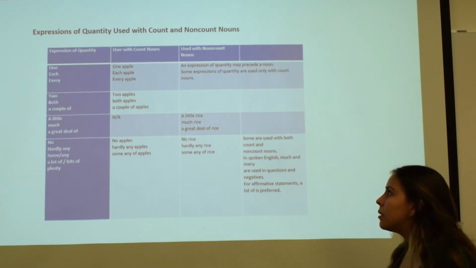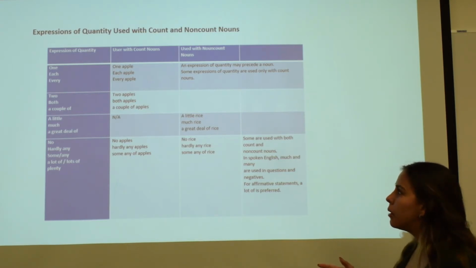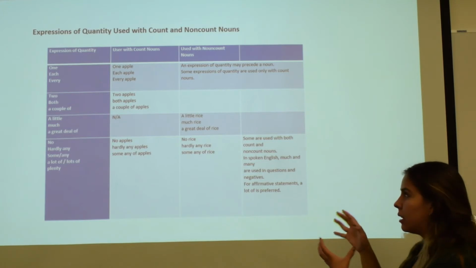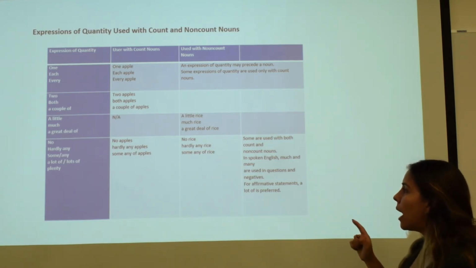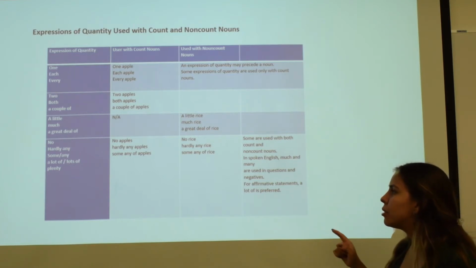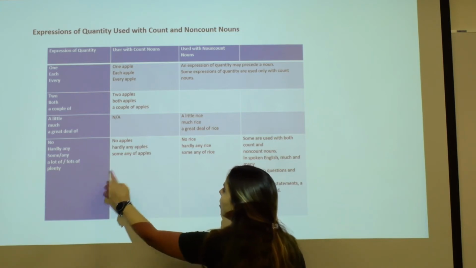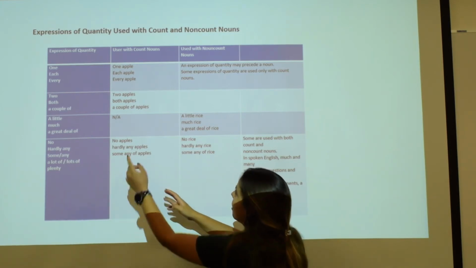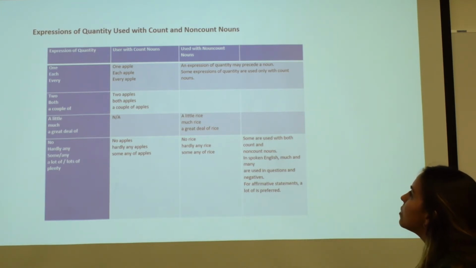So for this part we have one apple, each apple, every apple. Two apples, both apples, a couple of apples. And as well, no apples, hardly any apples, some, any apples. We are putting it together with this one.